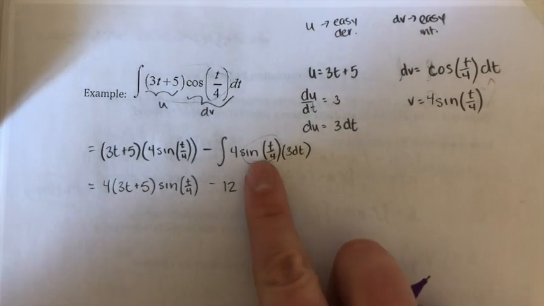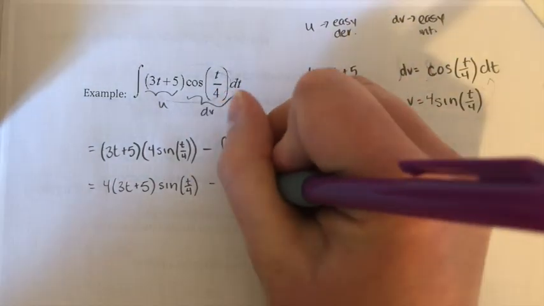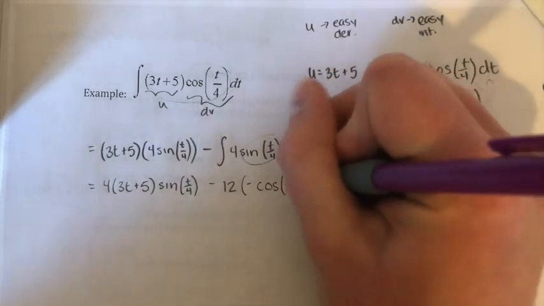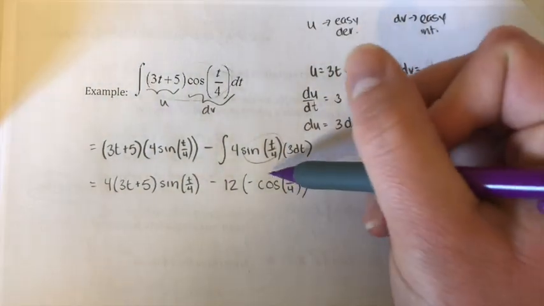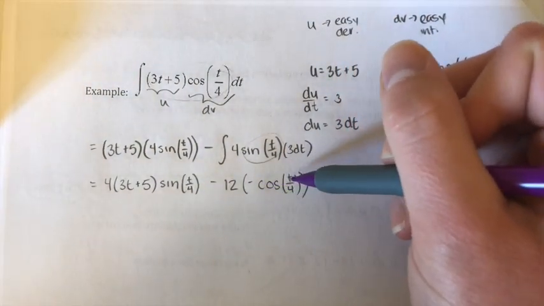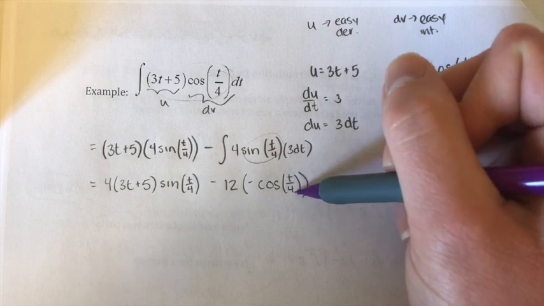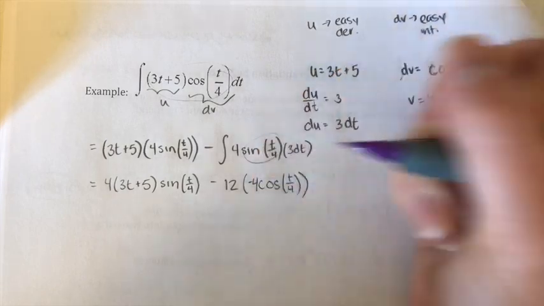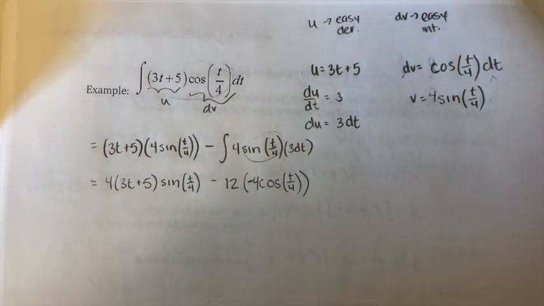Now we know that the integral of sine is negative cos. And again, if we're thinking about working backwards, if we wanted to do the derivative of this, we'd get sine of t over 4. Then we'd have to multiply by that 1/4. So there must be a 4 out in front if we're doing the integral.